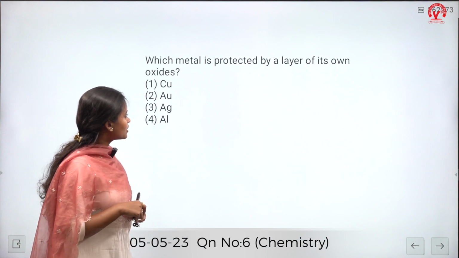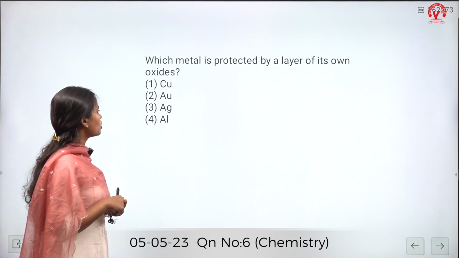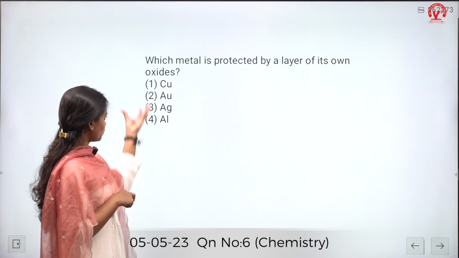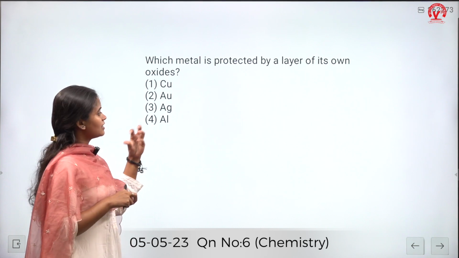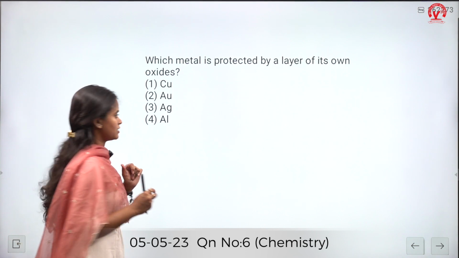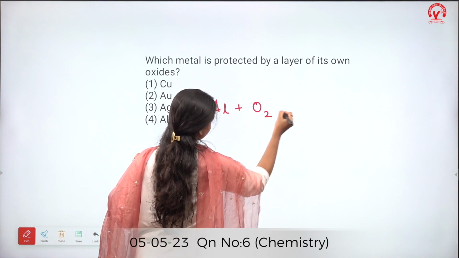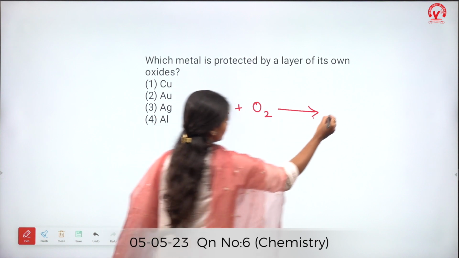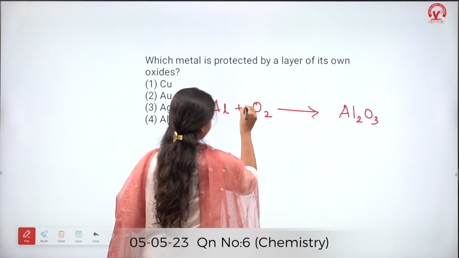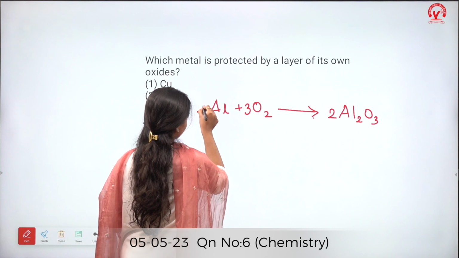Which metal is protected by a layer of its own oxides? Here they are giving copper, gold, silver and aluminium. Among these 4, aluminium readily forms oxides to give aluminium oxide. Aluminium reacted with oxygen gives Al2O3: 4Al plus 3O2 gives 2Al2O3.